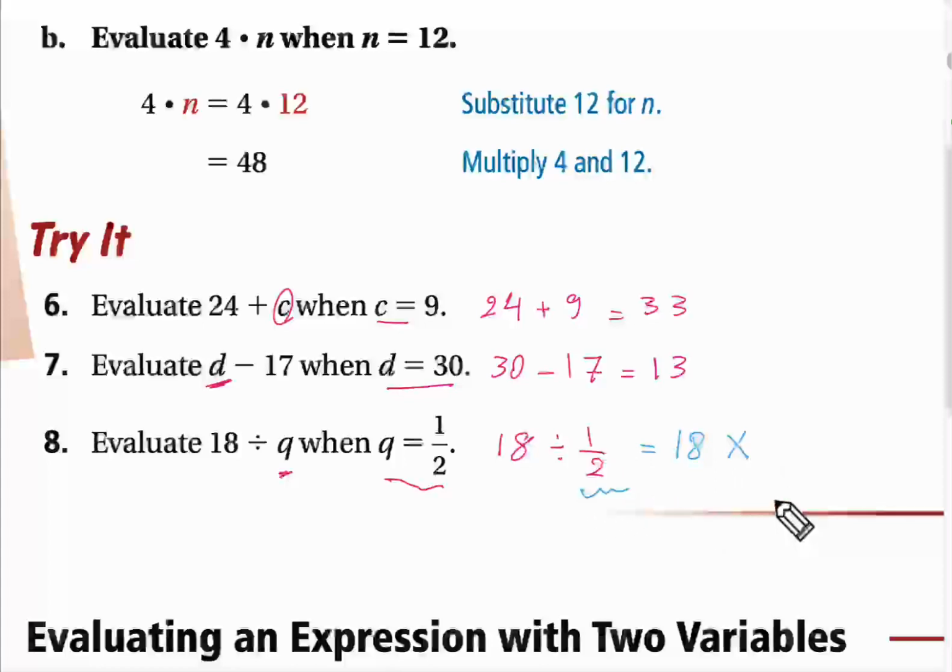What's the reciprocal? 2. Okay, so it's 18 multiplied by 2. What is 18 multiplied by 2? 8 multiplied by 2 is 16. 6, and we have 1 on the tens. 1 times 2 is 2, plus 1 is 3. So it's 36. So evaluate means find the numerical value of the expression when you have the value of the variable.